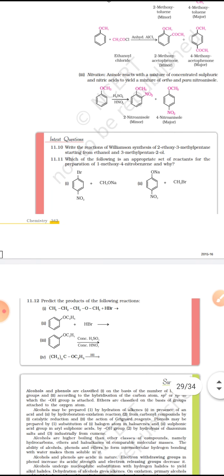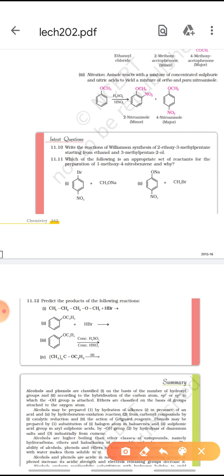Now children, here is a question: write the reaction for the Williamson synthesis of 2-ethoxy-3-methylpentane starting from ethanol and 3-methylpentan-2-ol. That means 2 alcohols are there. You have to make them react with an alkyl halide and form the ether.